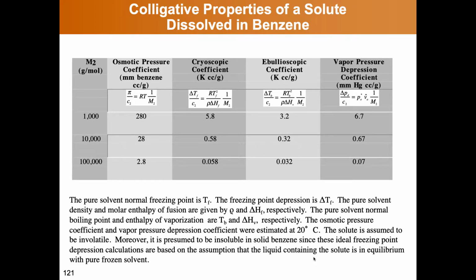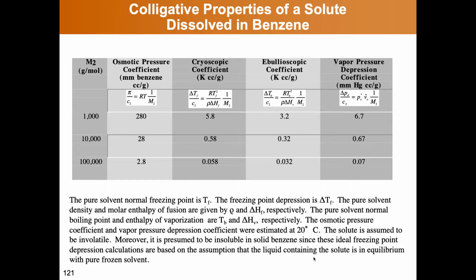I just provided for reference the osmotic pressure coefficient for a solute dissolved in an organic solvent in terms of the millimeters of solvent. That is, here's the osmotic pressure. This would be the height of the benzene that you would measure in that osmometer, and how that changes with the molecular weight of the solutes.